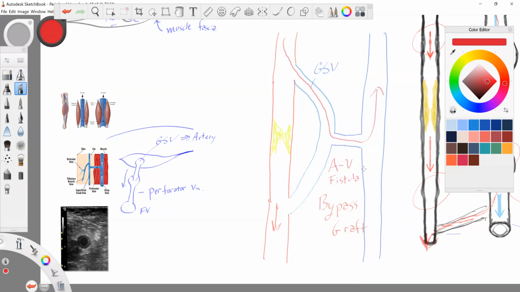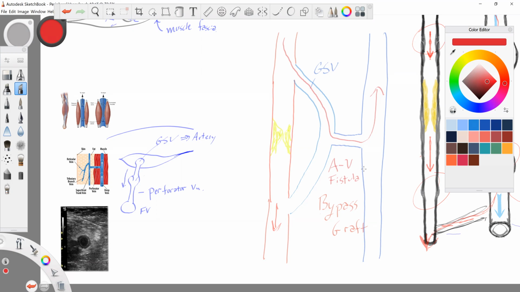The other veins are not as important. If we missed a cutaneous vein, there might be some reversal of flow, but it's just a cutaneous vein. There's not going to be a major AV fistula created. The other ones are important: the communicating veins or the intersaphenous veins.